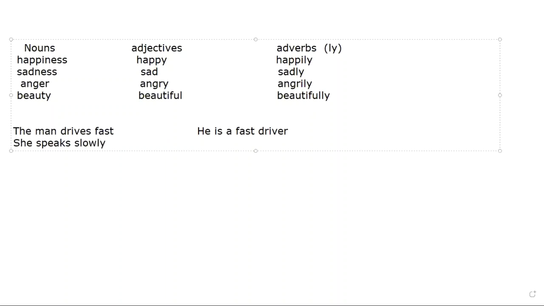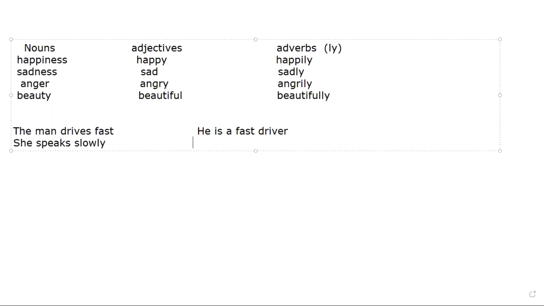Is slowly here adverb or adjective? Adverb. How do you know, Jorge, that this is an adverb? Because it's next to the verb. Right, because it's next to the verb.